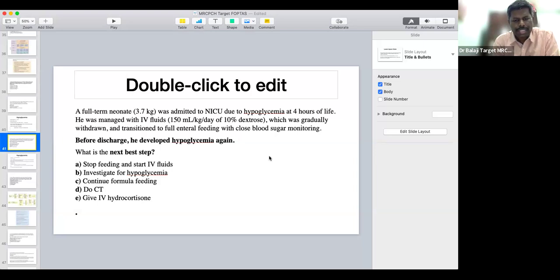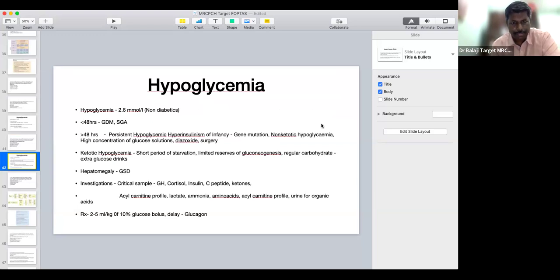But before discharge, the baby again developed hypoglycemia, which means we have to investigate. So whenever the child has persistent hypoglycemia, you have to evaluate the child further.